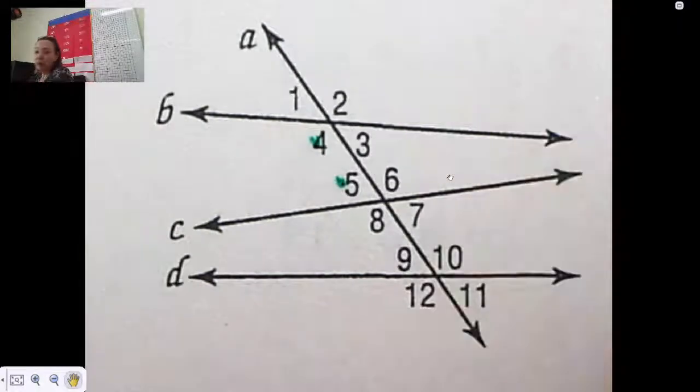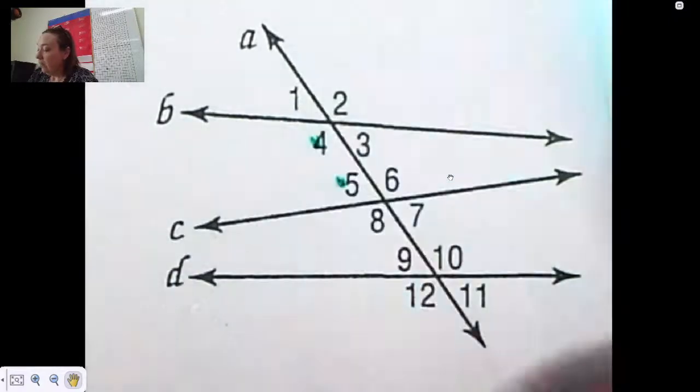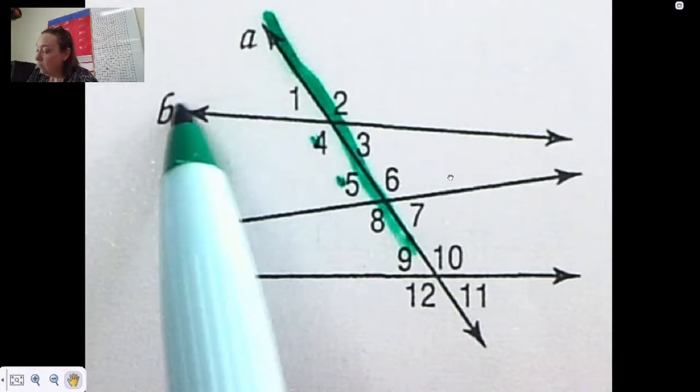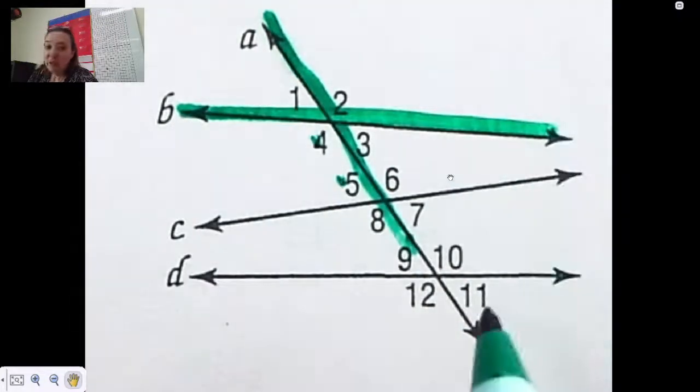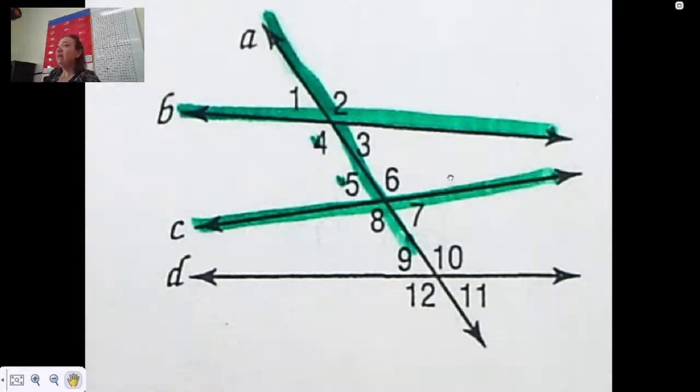4 and 5. Y'all see 4 and 5? This is the transversal, right? And then this line makes 4, and this line makes 5. That line D down there has nothing to do with those two angles. We don't use line D to describe these two angles. We only use B and C. So if we're using B and C to describe those two angles, what do we call angle 4 and angle 5?